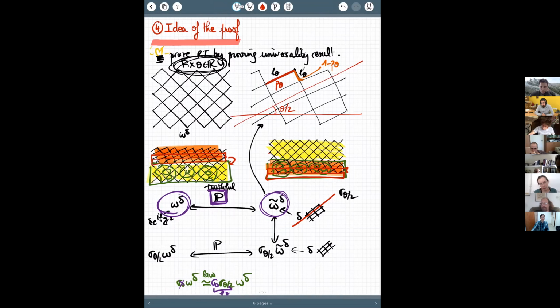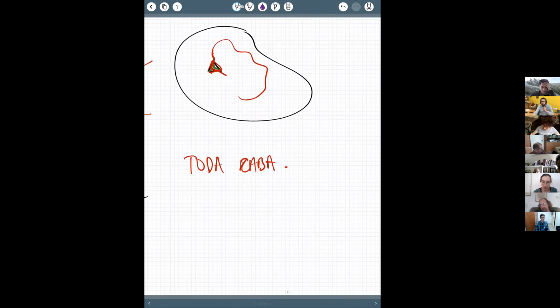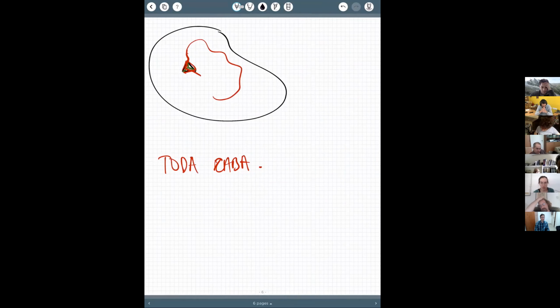you are going to modify the lattice a little bit here to create a triangle, and then you are going to use star triangle exchanges to exchange the two tracks. Maybe I can make just one drawing that is going to help.